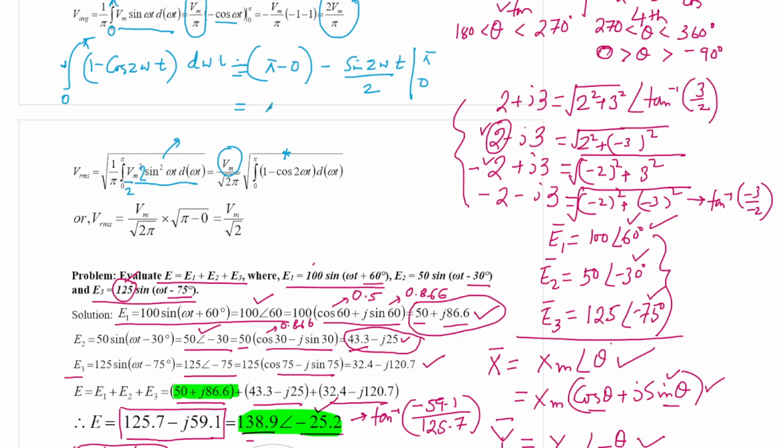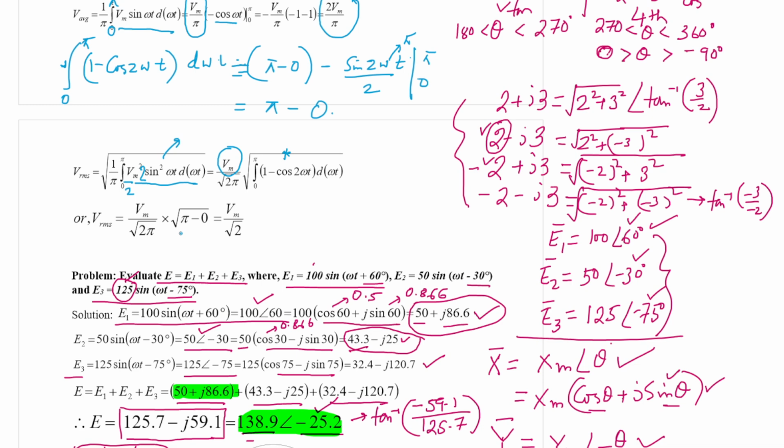The first component is pi. Now sine pi is 0, and sine 0 is 0. Sorry, for this sine 2 omega t, if you put pi, then sine 2 pi is 0, and sine 0 is also 0.